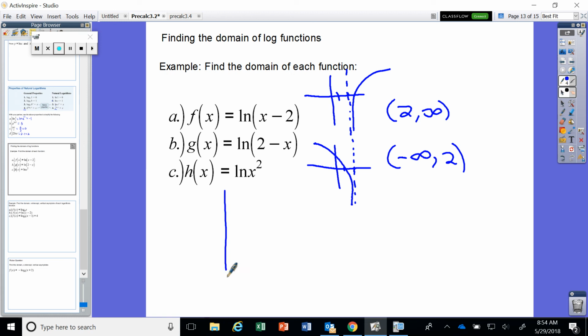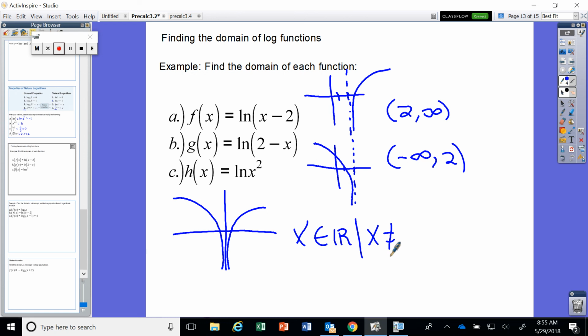And so our graph here almost gives us a double asymptote, well, same asymptote with multiple sides. And so in an example like here, we're looking at all real numbers for x except, so x is in the set of all real numbers such that x does not equal 0, because that is the only issue that we are dealing with, because we can't have the natural log of 0 come into play.